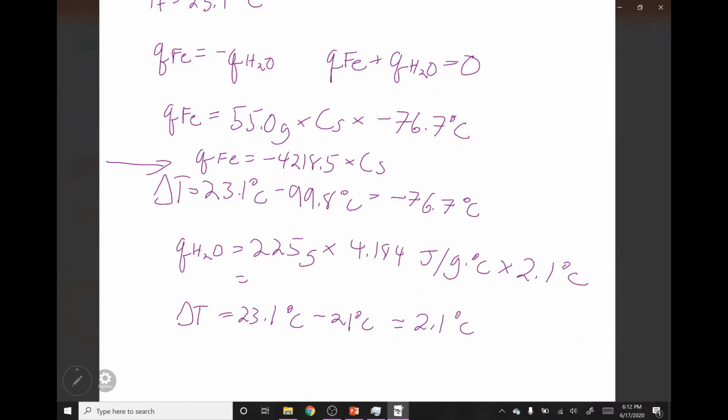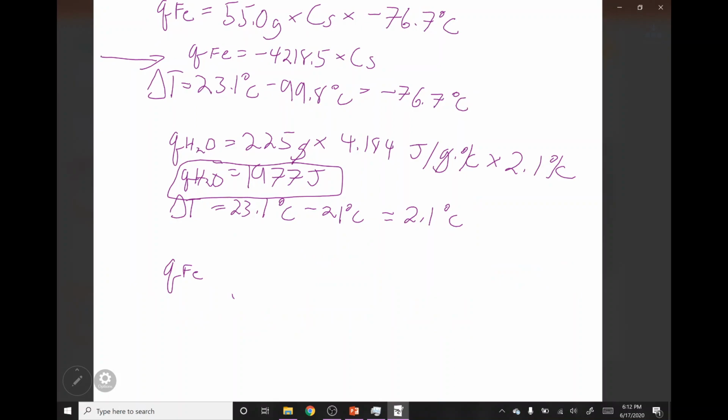So what can we do with that? If we go back to our equation, Q of iron plus Q of H2O is equal to zero. Going back to our equation up top, Q of iron is equal to 4218.5 times CS, plus the Q of water, which we just solved for, 1977 joules.